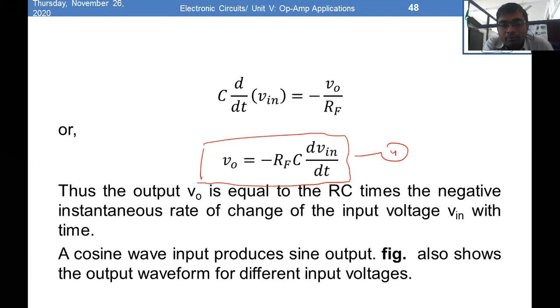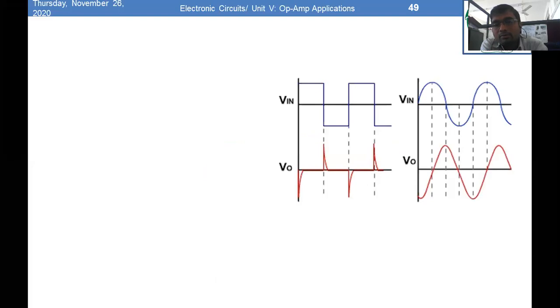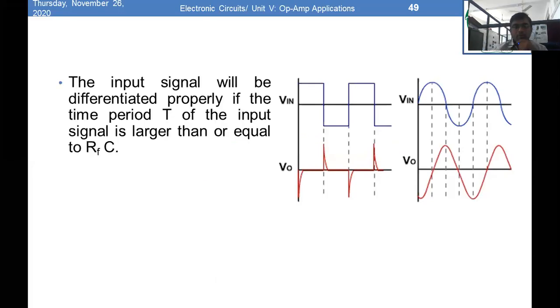Similarly, a sine wave would be converted into a cosine wave, and a square wave is converted into spikes. You can see here through the diagram. So it is very much clear. When the input voltage is a square wave, it is converted into spikes, and for the sinusoidal sine wave, it is the cosine wave, or vice versa.